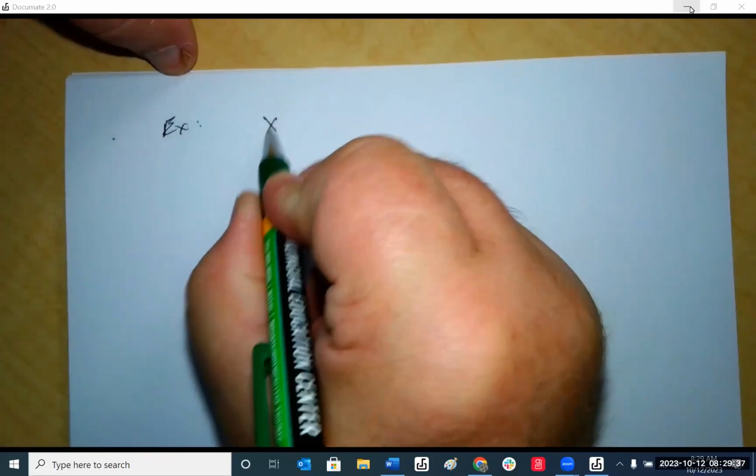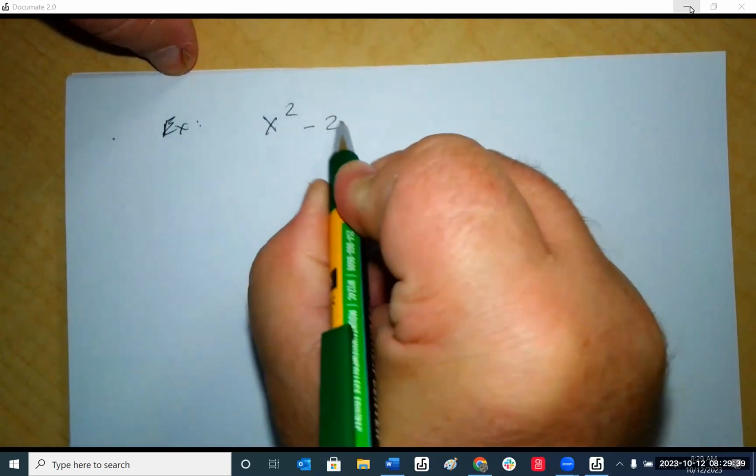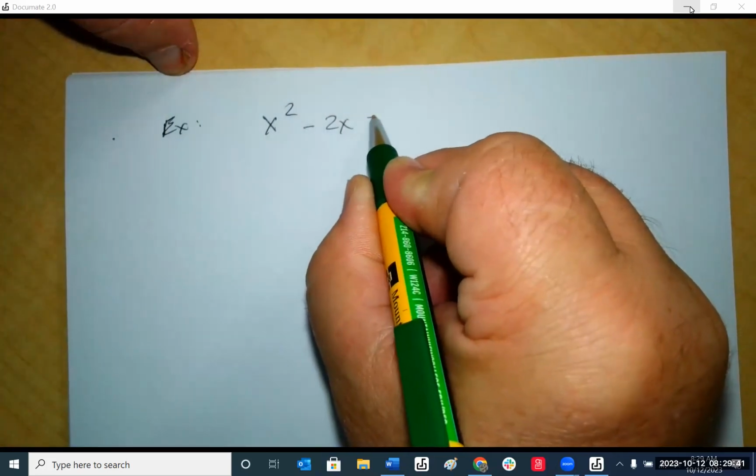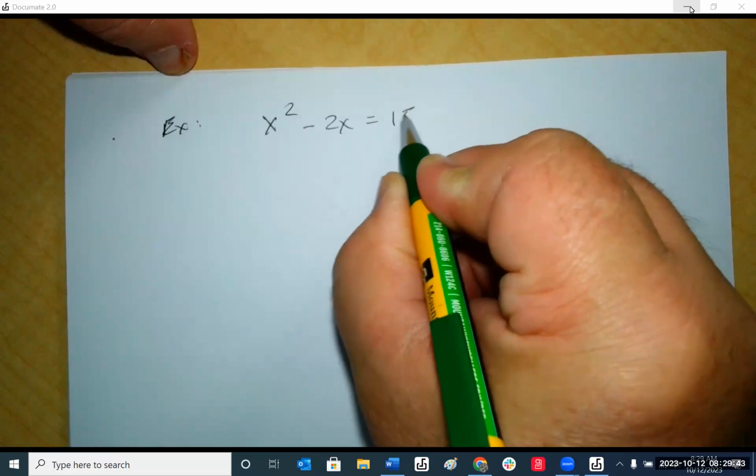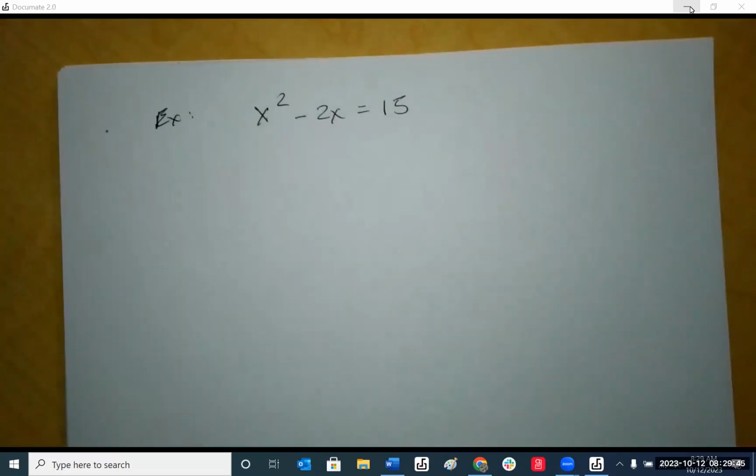What if I gave you this? X squared minus 2x equals 15. Solve that one.